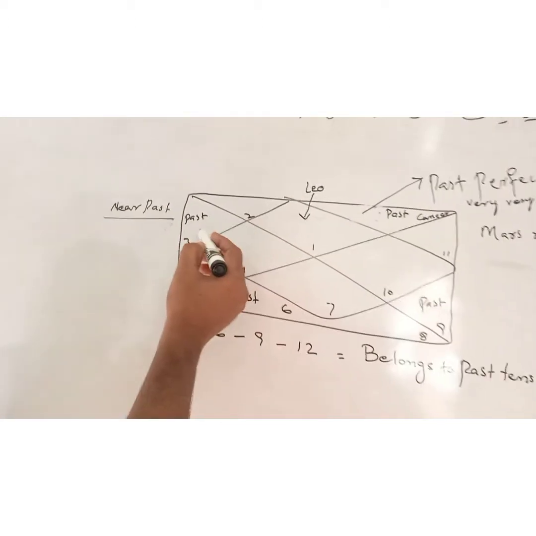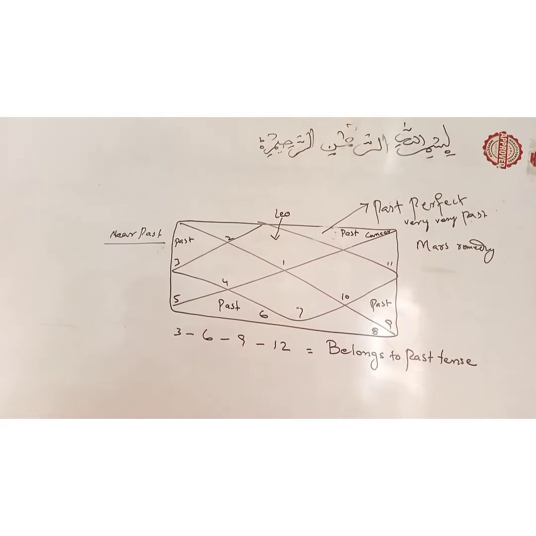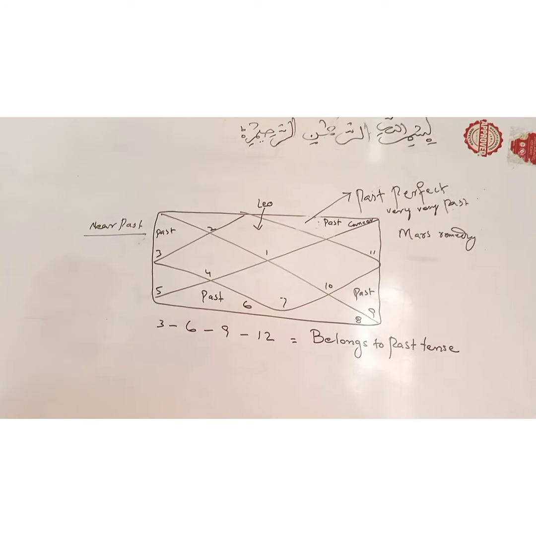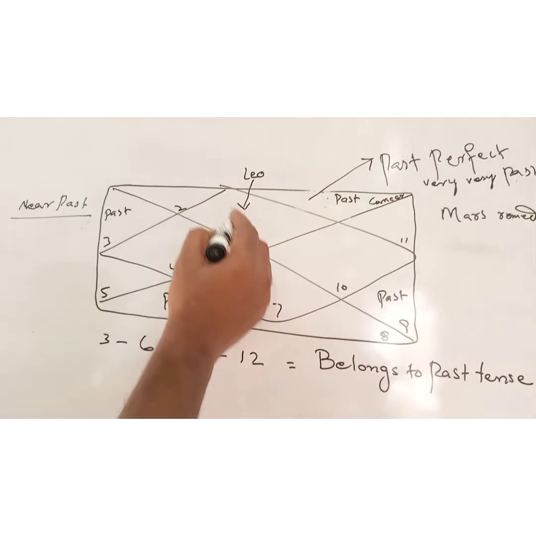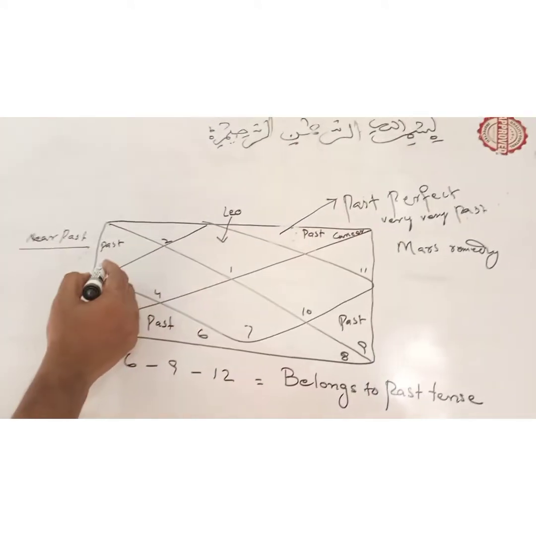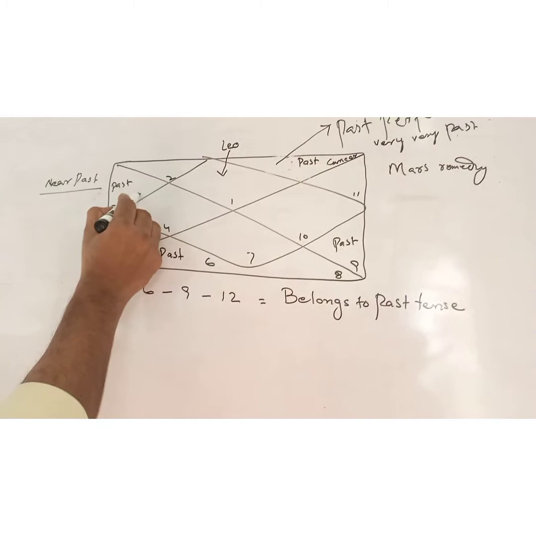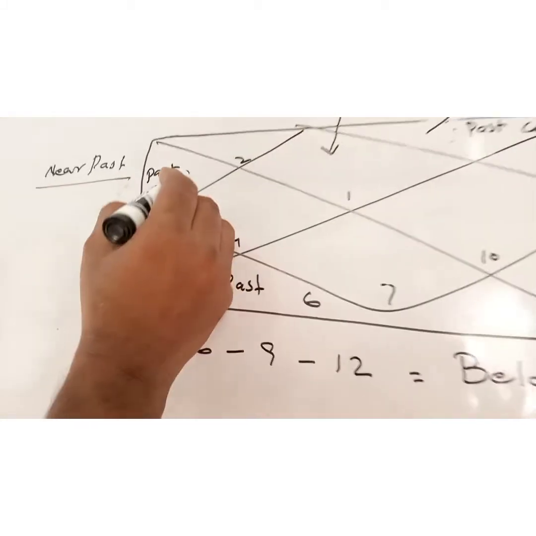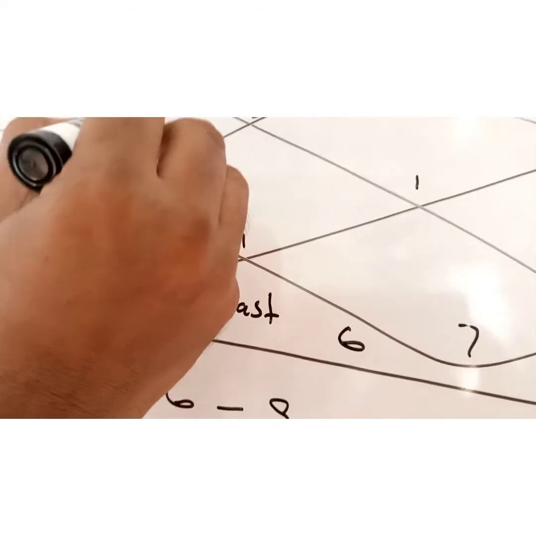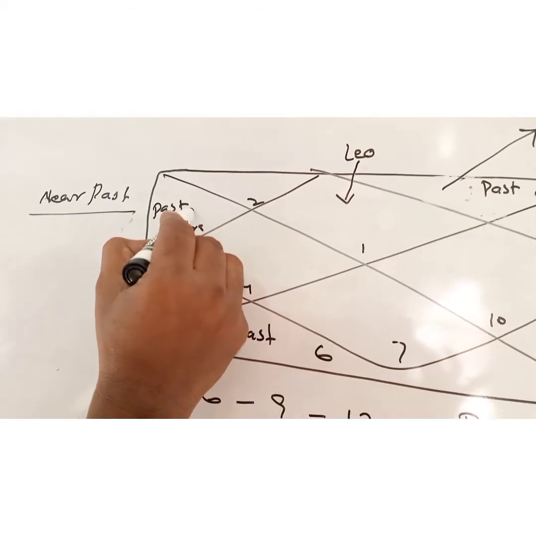If any star here is reverse or retrograde, then we have to do a remedy. Such as this is Leo, Virgo and Libra. Suppose this is Libra and here is Mercury.